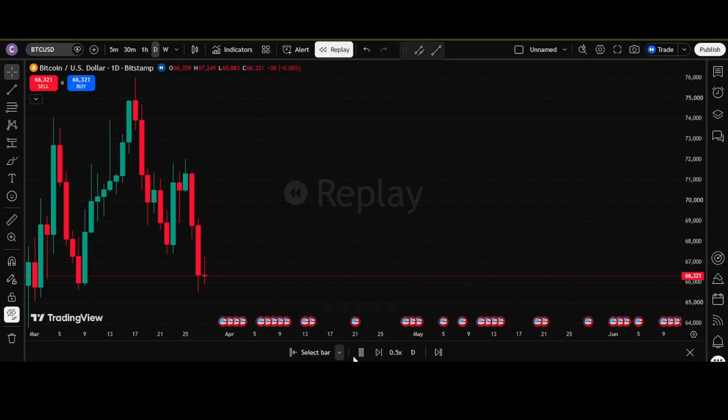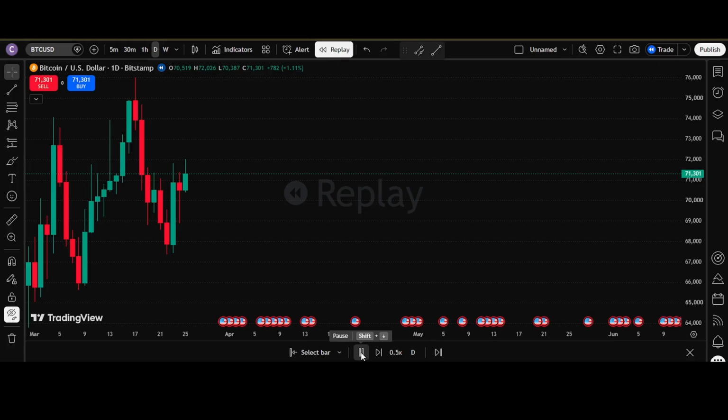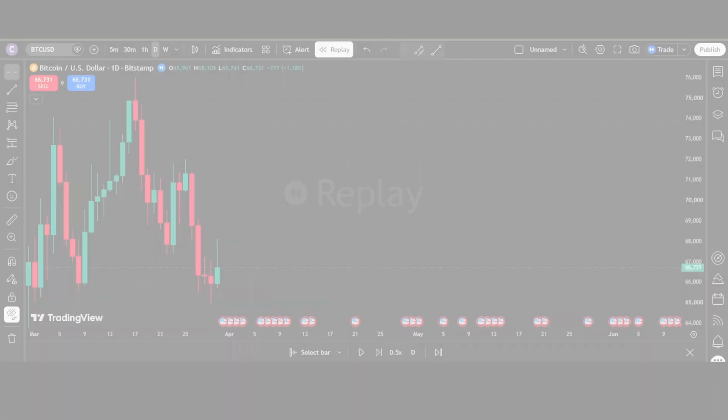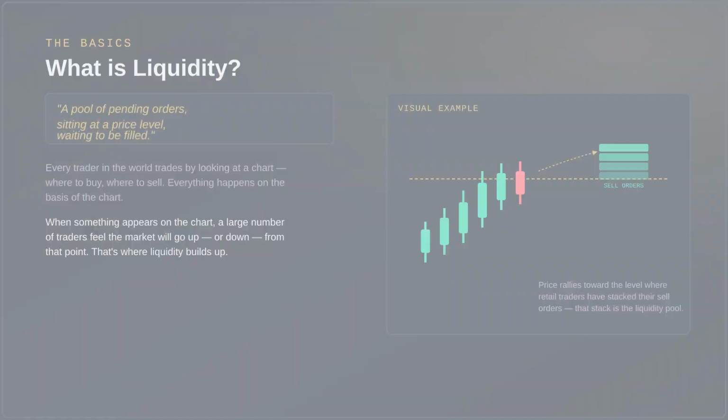Those triggered stop losses provide operators the volume, or liquidity, needed to enter a position in the opposite direction. Therefore, after hitting the stop losses, price reverses sharply, as it has completed its work of grabbing the liquidity. So, till here, we've learned what liquidity and liquidity sweep are, both visually and psychologically.